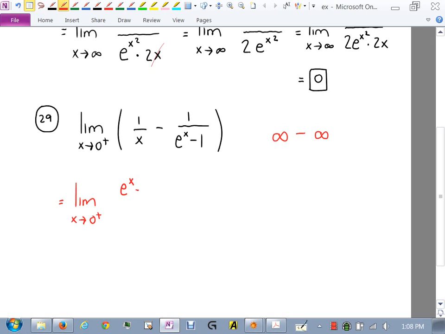E to the x minus 1 over x times e to the x minus 1. So what I did here is I introduced an x over x here, and e to the x minus 1 over e to the x minus 1 here. So I get a common denominator. Y'all with me? Yes?